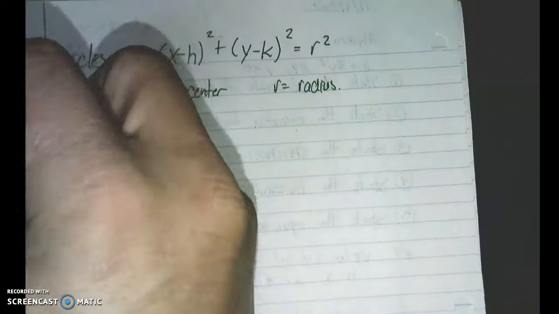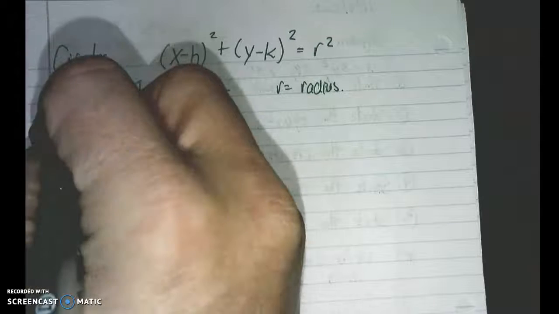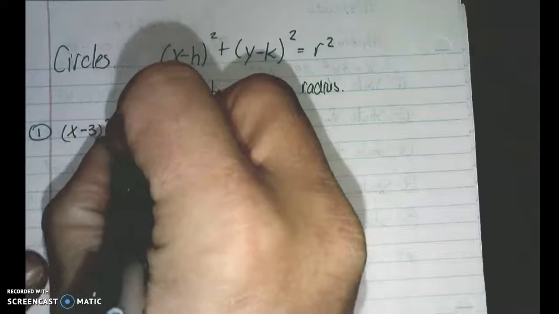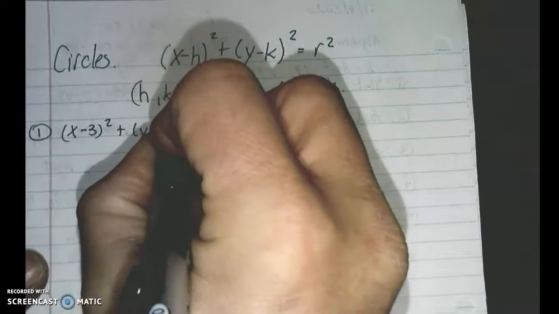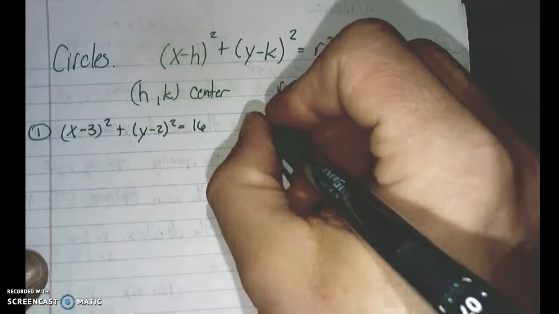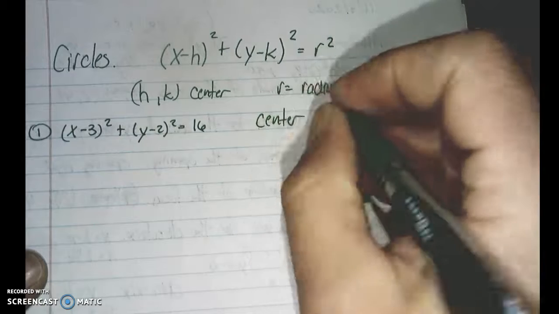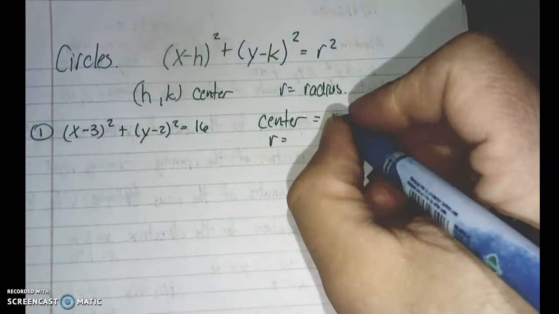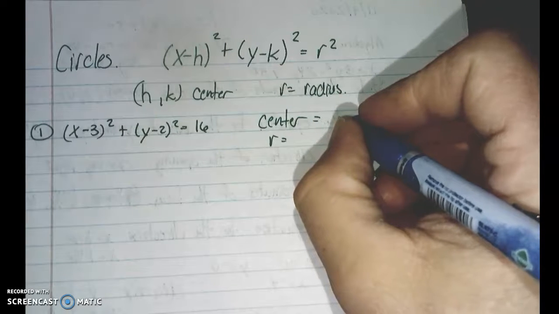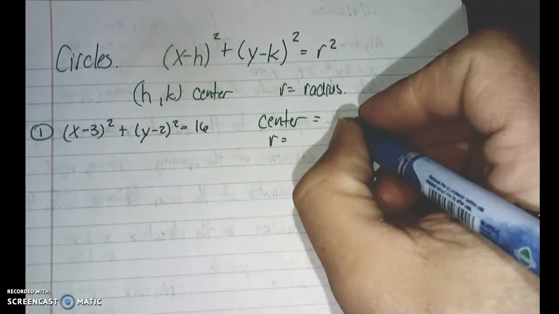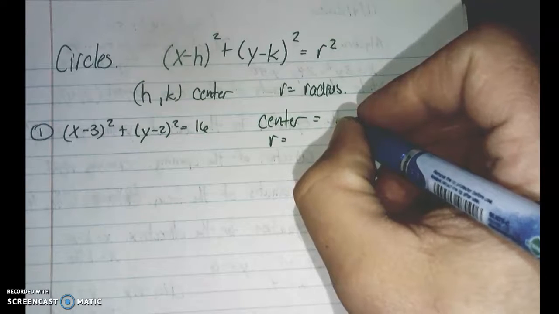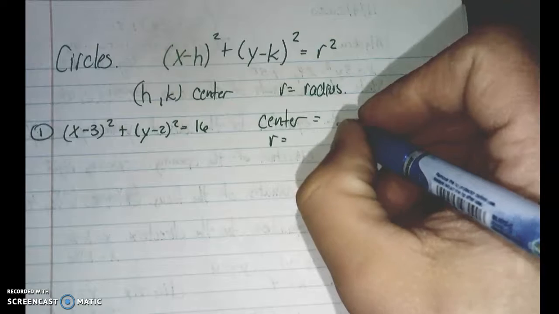Okay, so let's start with number 1. Let's give you the easy ones, right? So I'd like to know my center, and I'd like to know my radius. Center is 3, 2.